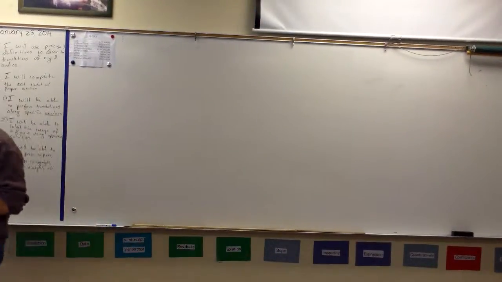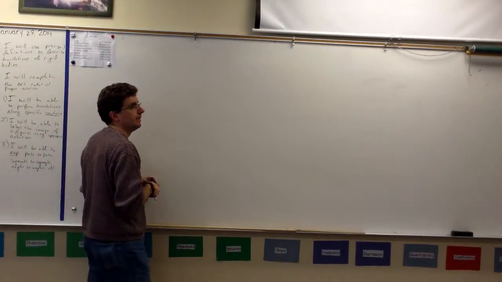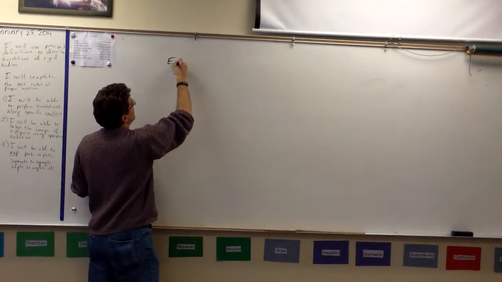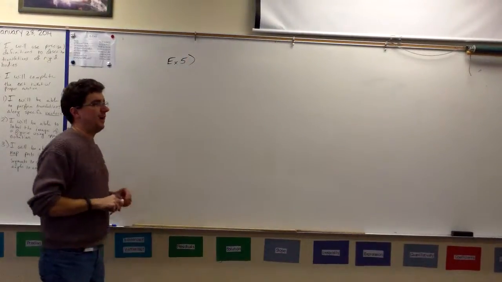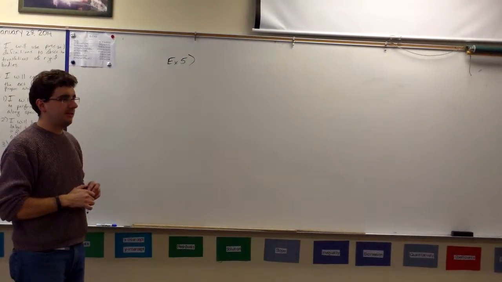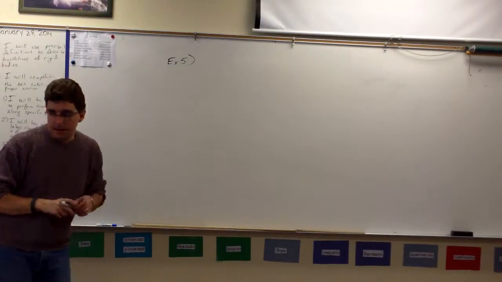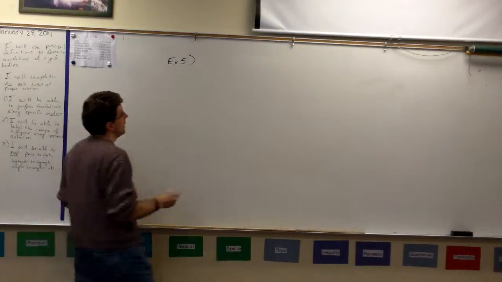Scratch that, we're not even going to do number 4. Let's go to 5. We're running long on time. Look for the number that says 5 next to example or exercise. We're skipping 3 and 4.